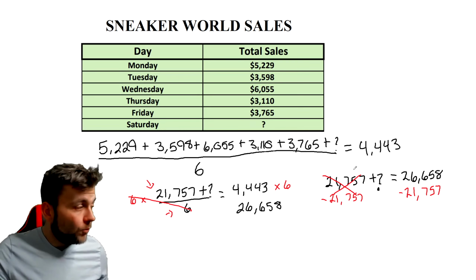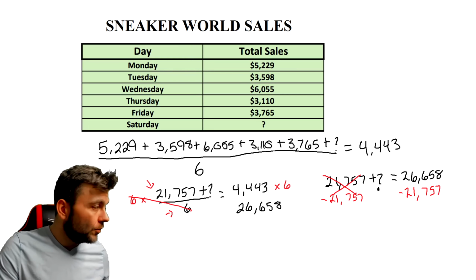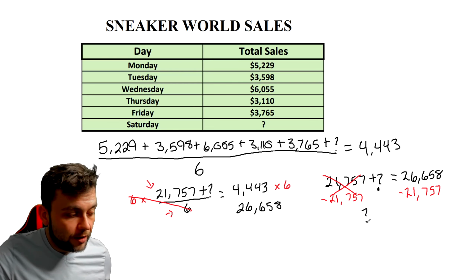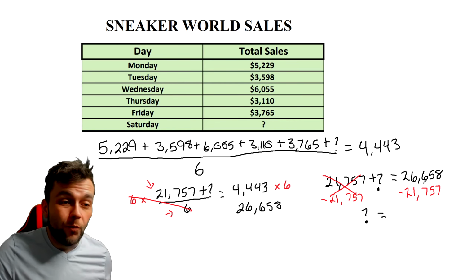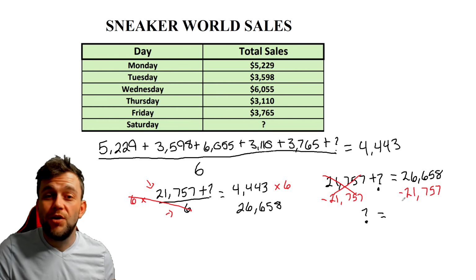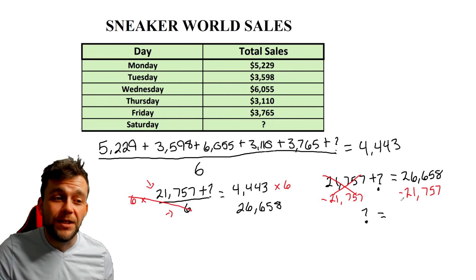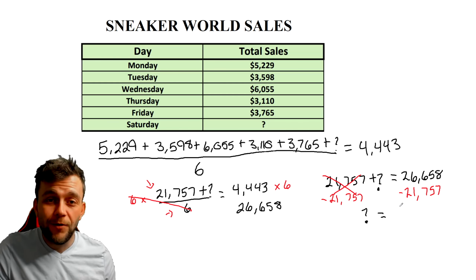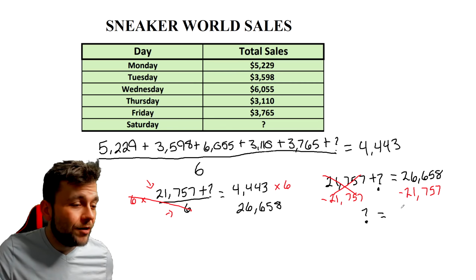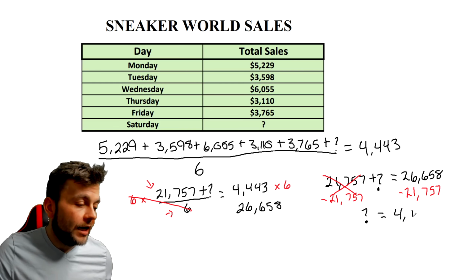And what we are left with, we have our question mark is equal to, so what is 26,658 minus 21,757? Pause the video, give yourself a couple of seconds to work it out, and your answer should be 4,901.